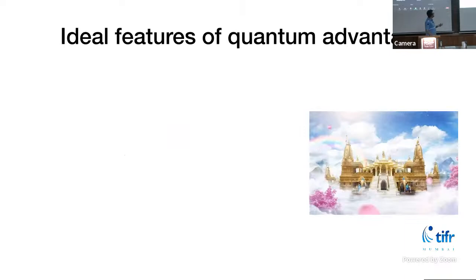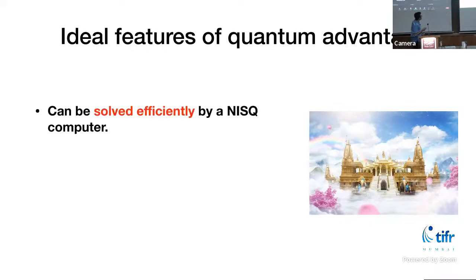What are some nice features of such a quantum speed-up demonstration? Well, one thing is that, like I said, these devices right now have lots of caveats, lots of limitations, but these devices should still be able to solve this task, right?